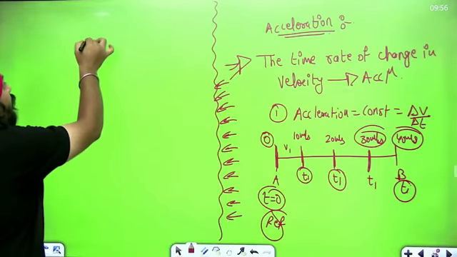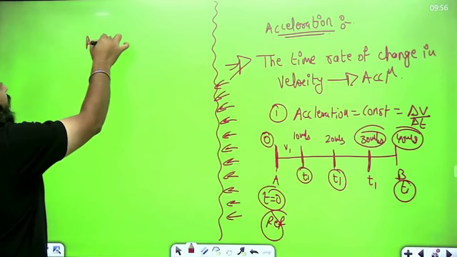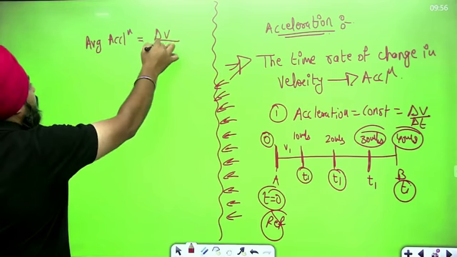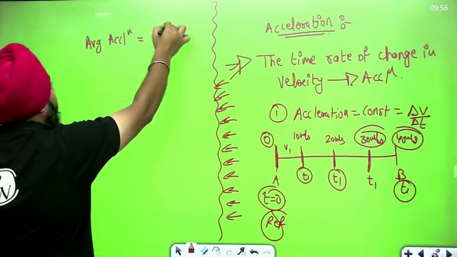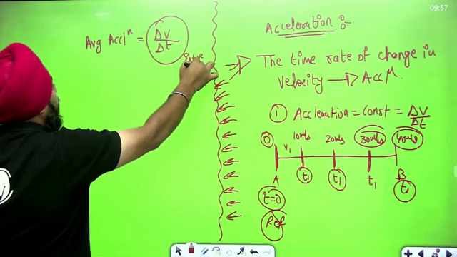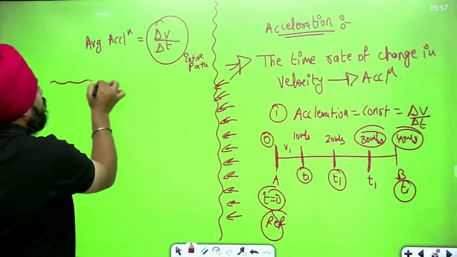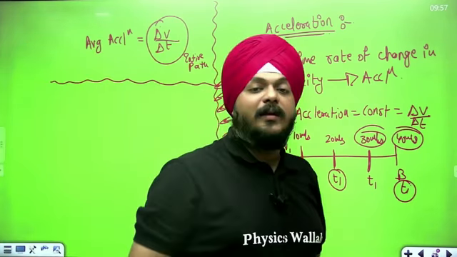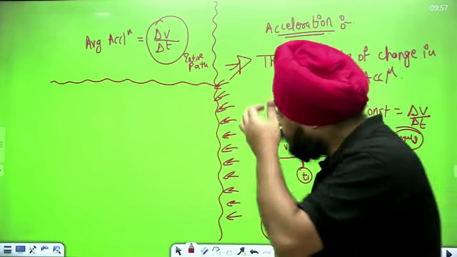Apart from this, average acceleration is the change in velocity for the entire path divided by the total time.